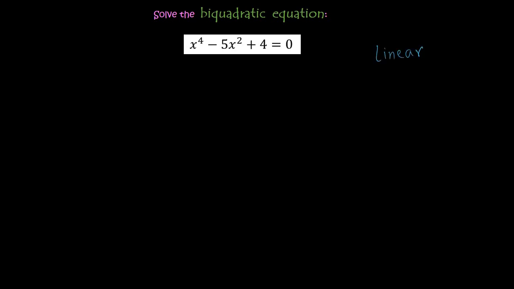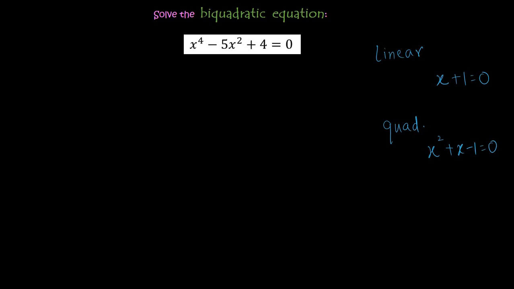A linear equation was where the degree of the variable, meaning the highest power of the variable, was 1, and a quadratic equation is where the degree of the variable is 2. So this, equals 0, is a quadratic equation.